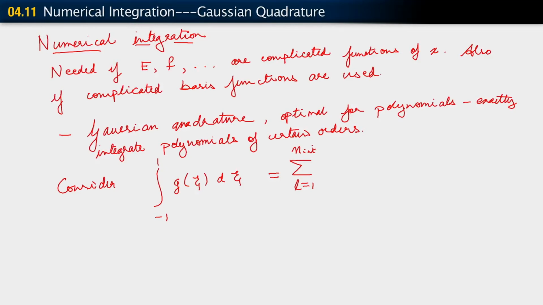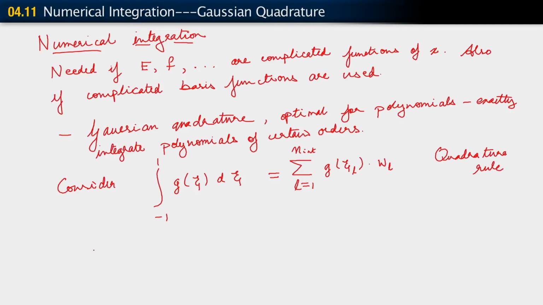Every term in that finite series is g evaluated at a certain value of xi indexed by L, multiplied by what we will call a weight for L. This is the general form of a quadrature rule, or alternately, a numerical integration rule.